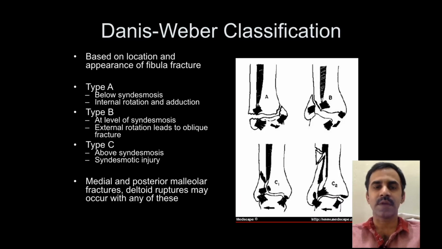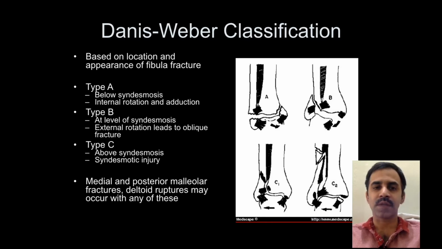We have a much easier classification called the Danis-Weber classification. It's based on the location and appearance of the fracture of the fibula. It can be type A, type B or type C. Type A is below the syndesmosis. Internal rotation and adduction is the mechanism.